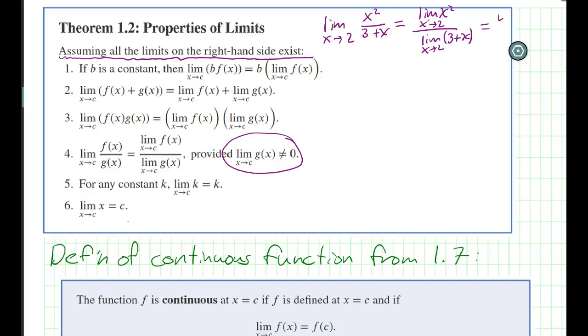So this will be equal to 4/5. But that only works when this limit on the bottom exists and is not 0.